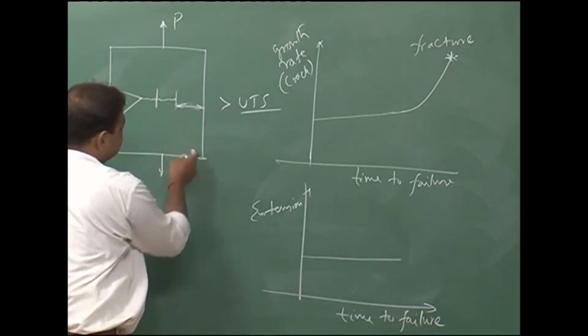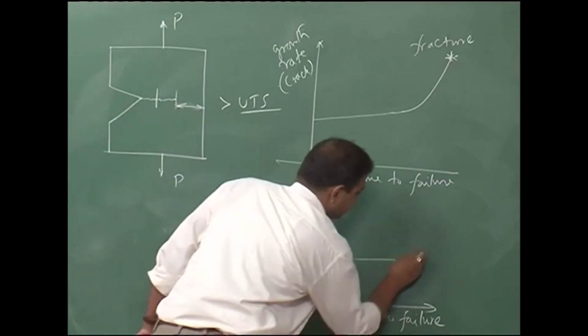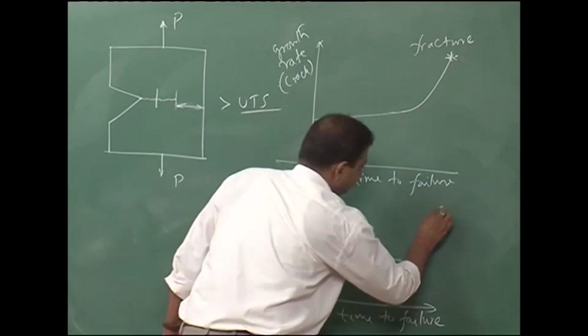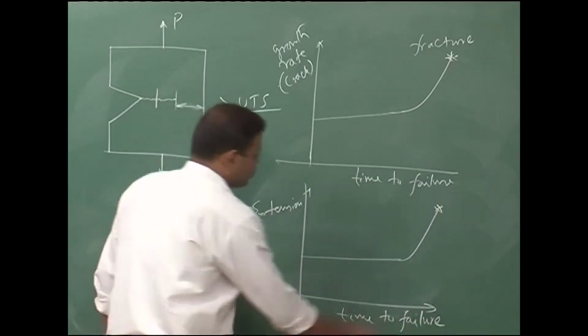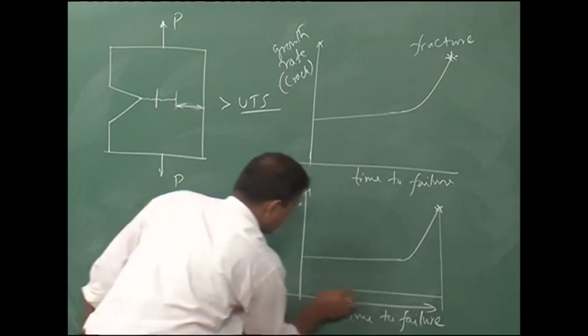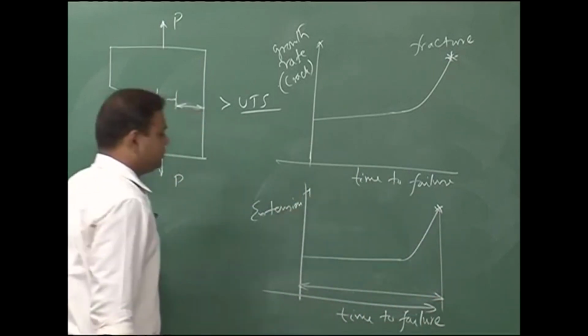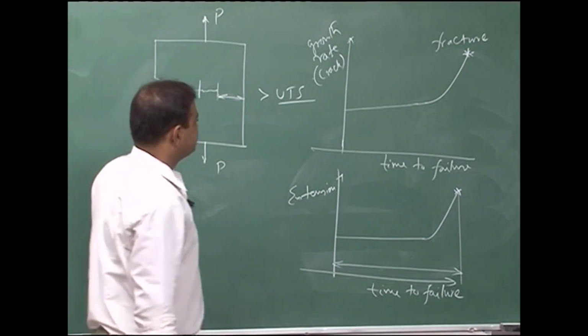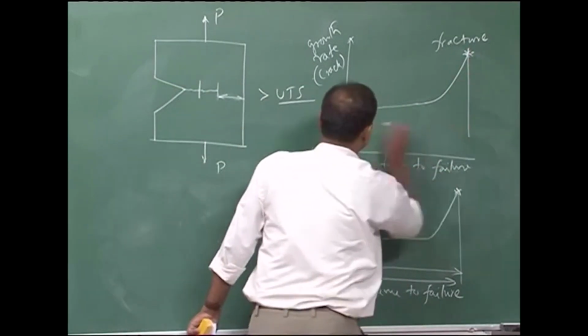Now, once it reaches this level, there will be rapid extension of the material and here it will fail. So, this total time needs to be checked in order to find out the SCC susceptibility of the material.